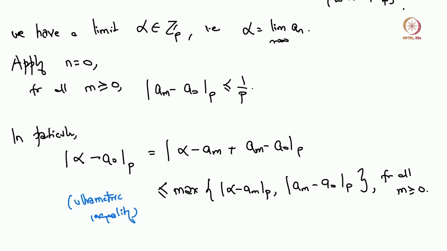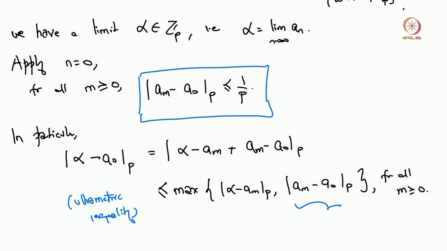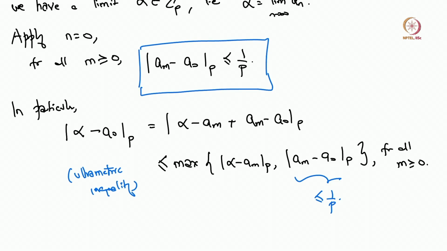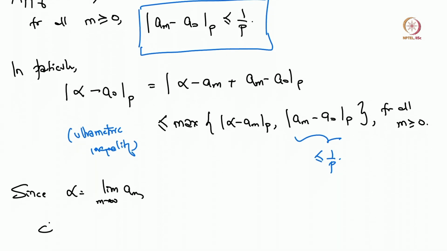Now the second quantity we've just shown is less than or equal to 1 over p. Since alpha is the limit as m goes to infinity of am, you just choose m so that alpha minus am is also less than or equal to 1 over p.